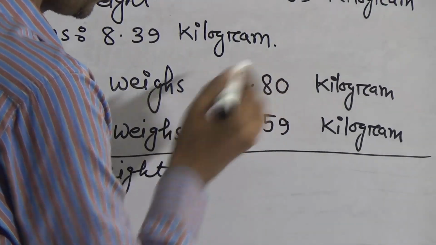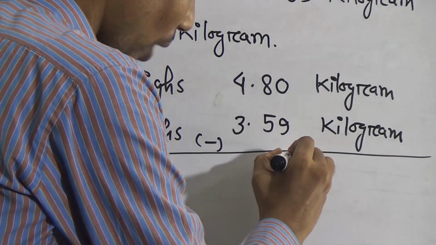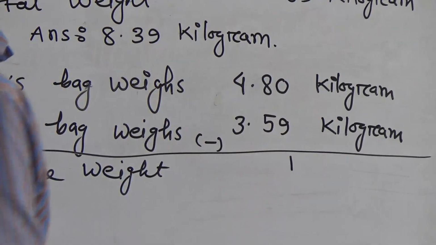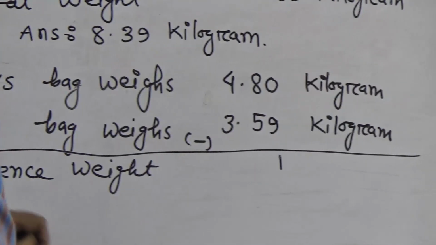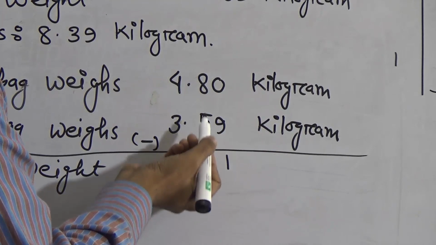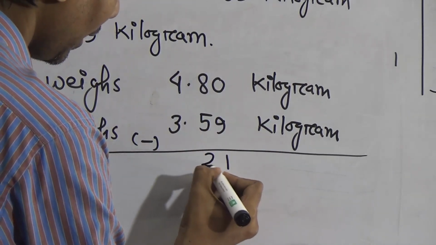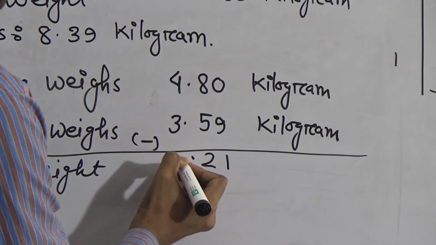So you consider 0 as 10. 10 minus 9 equal to what? 1. As you consider 0 as 10, so you have 1 in your hand. Now 1 plus 5 equal to what? 6. Now subtract 6 from 8. Then you get 2.